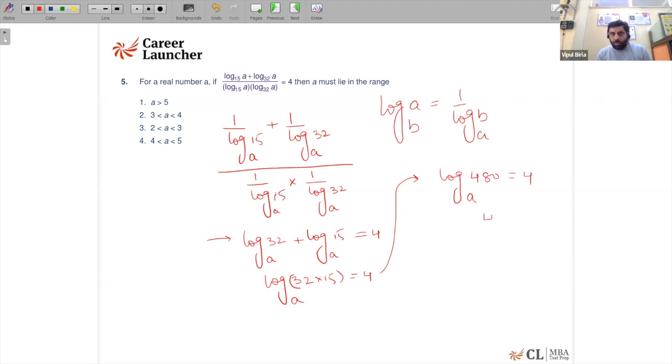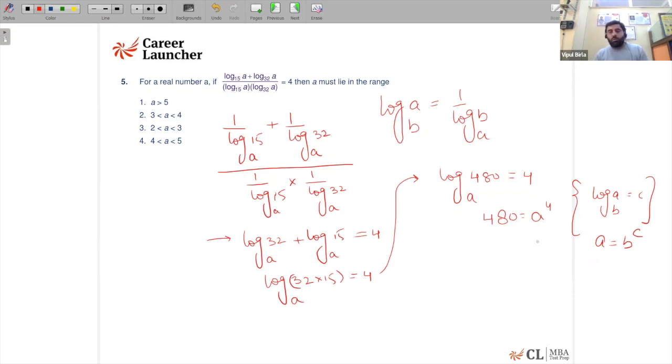So therefore 480 is equal to a to the power 4. Now we know that if log a to the base b equals c, then a equals b to the power c, the very basic formula that we have used. So now we are looking for the range for a, and they've given you the options also. So I need to identify the upper and lower limits, because of that I'll be able to identify the value which will satisfy.